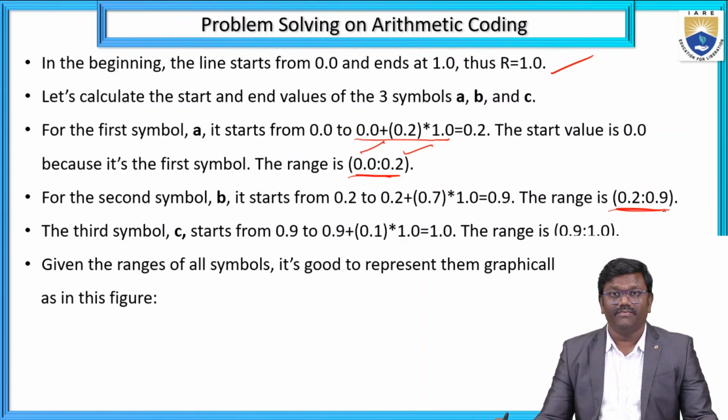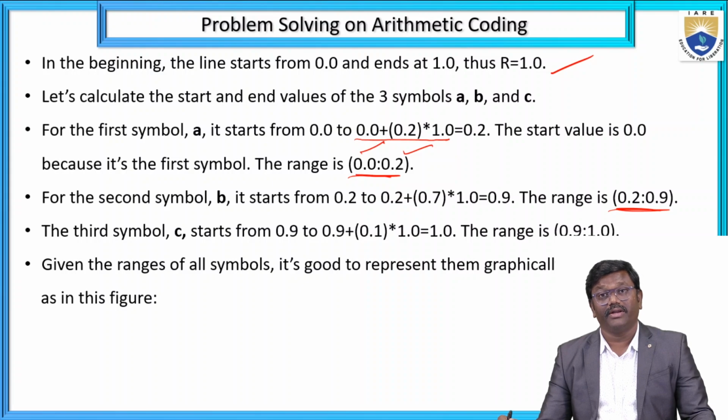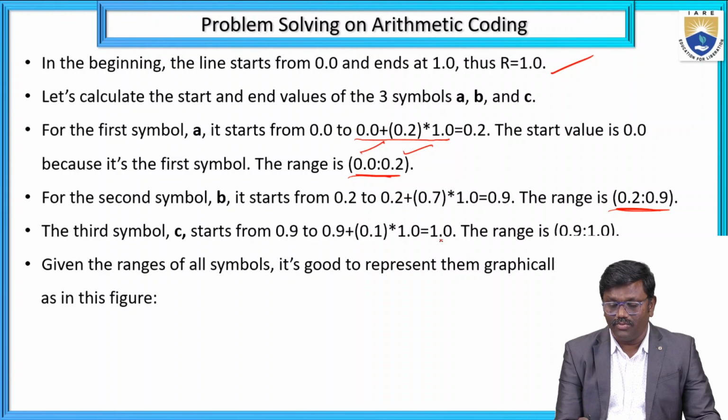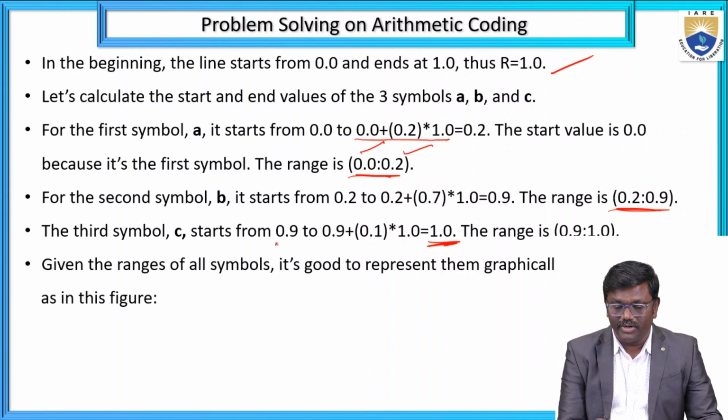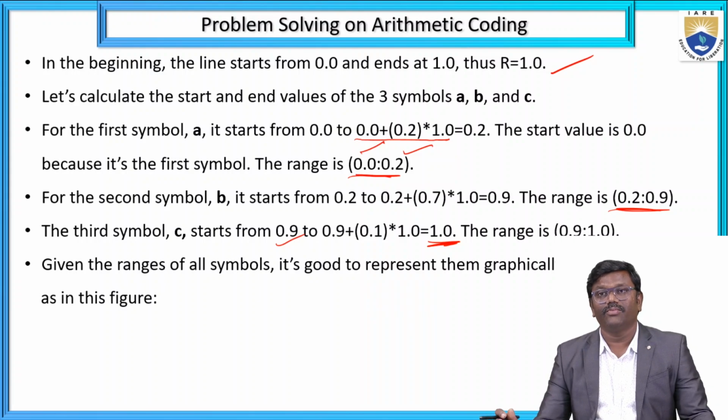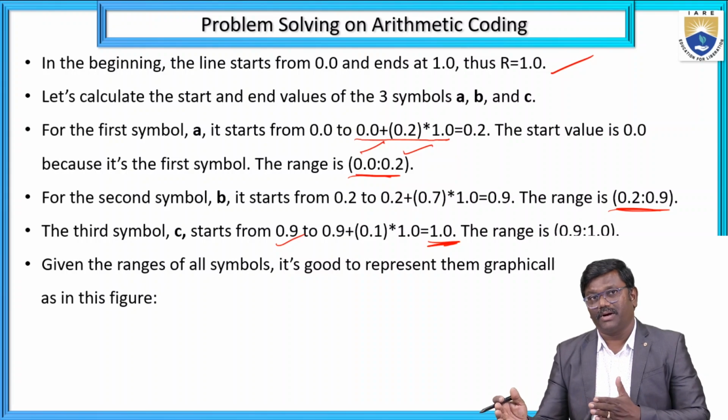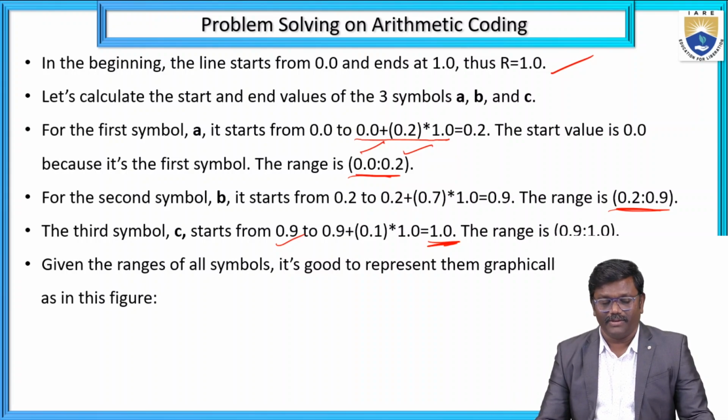For the third symbol C, it starts from 0.9, as calculated, and ends at 0.9 plus 0.1 times 1.0, which gives 1. So the range is 0.9 to 1, the last part of the line.